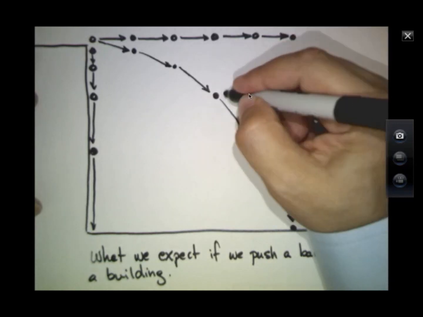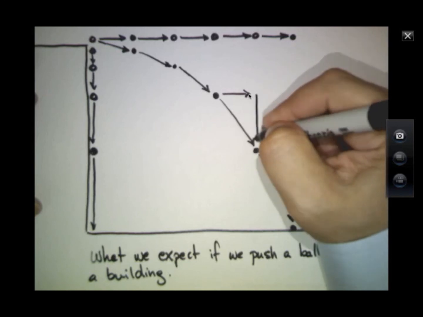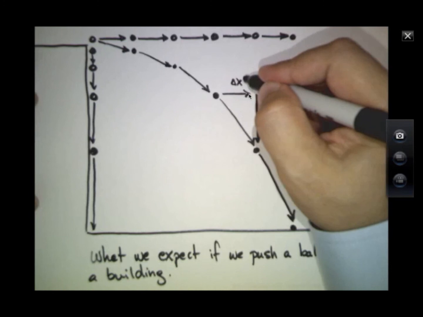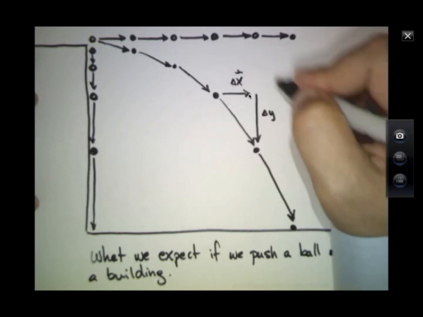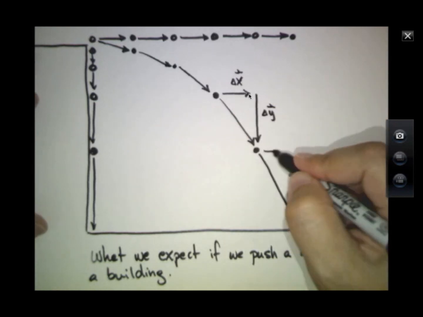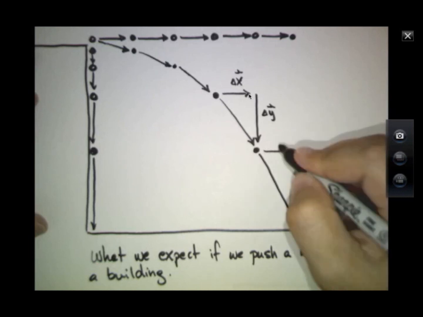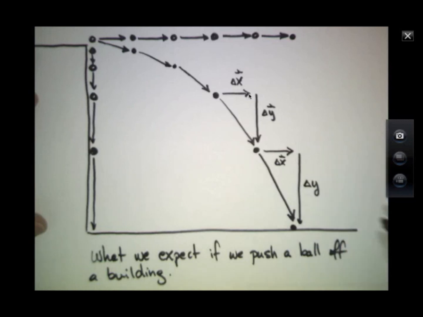So each of these increments is really the sum of two vectors. There's a delta x, and there's a delta y. And there's a delta x. And there's a delta y.